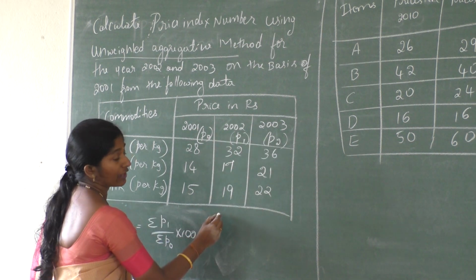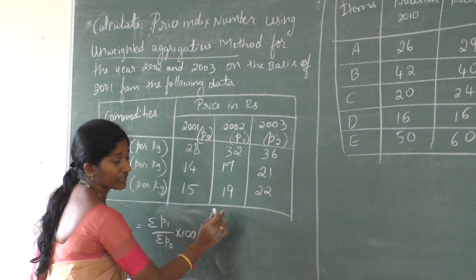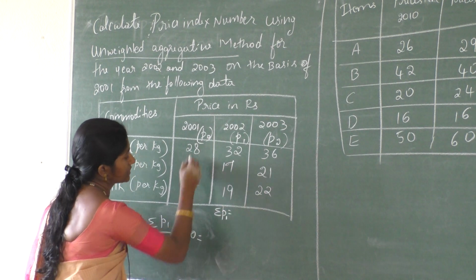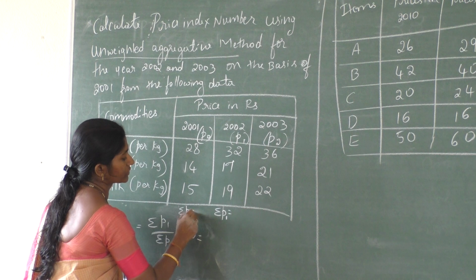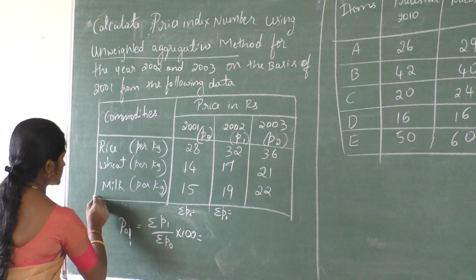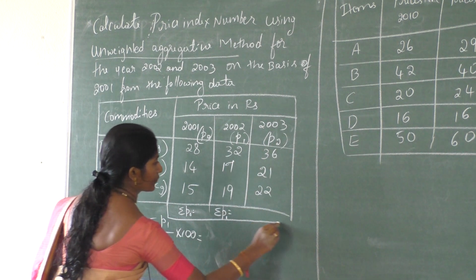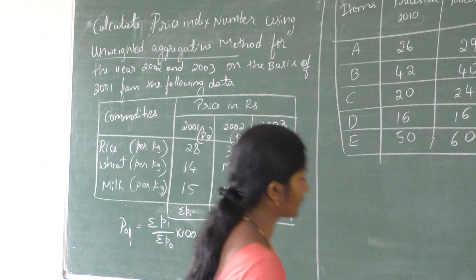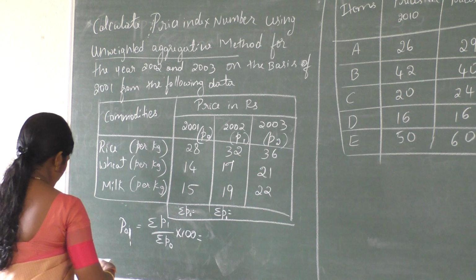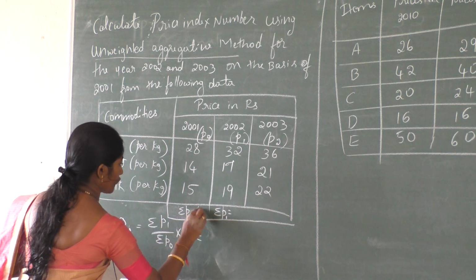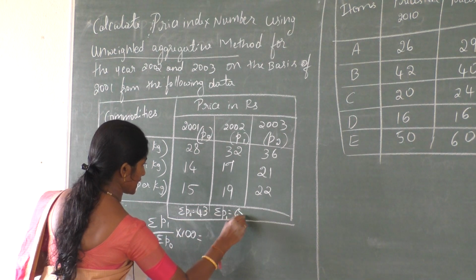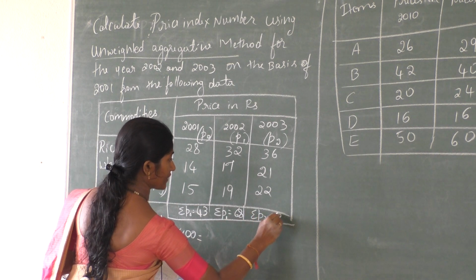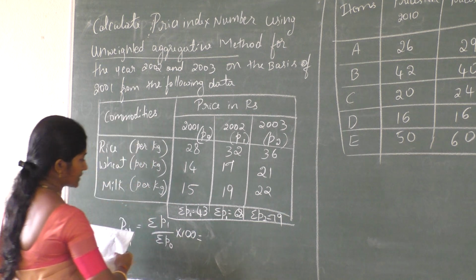Here we add these three values: summation P1 and summation P0. When you add, the answers are 43, 68, and summation P2 equals 79.